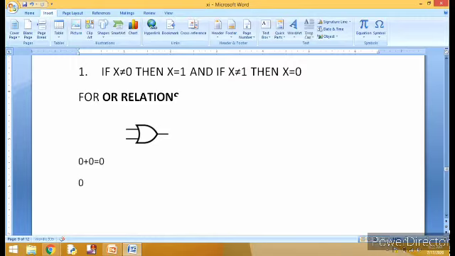Similarly, if one input is 0 and the other input is 1, what is the output you are getting? Yes, 1. If the value 0 is given to this input and 1 to this input, you get the sum of 0 and 1, so the output will be 1.